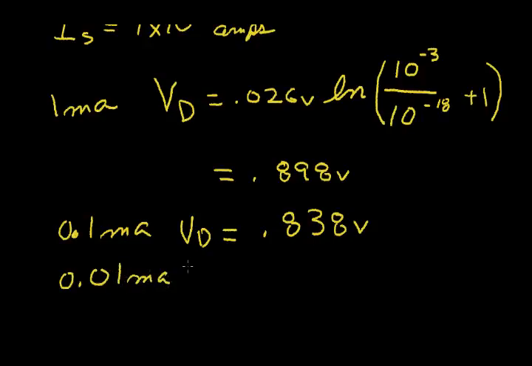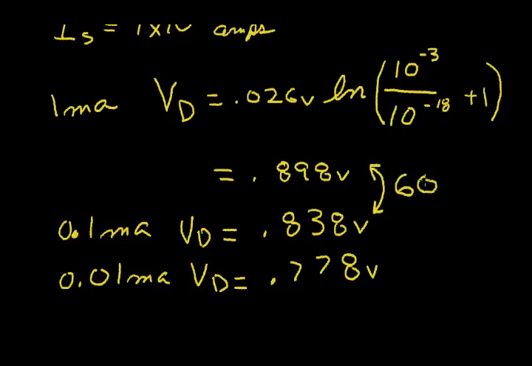Now if we solve for V sub d, we get a little smaller number, 0.778 volts.